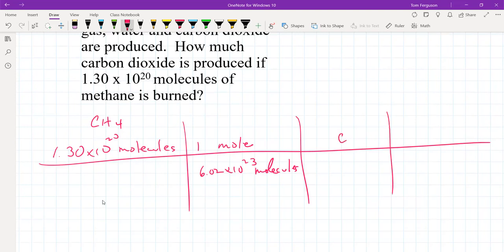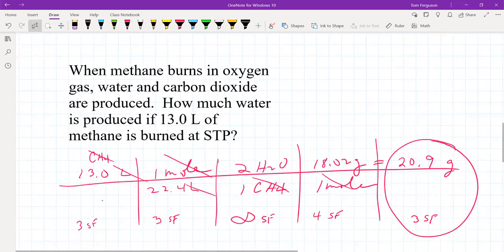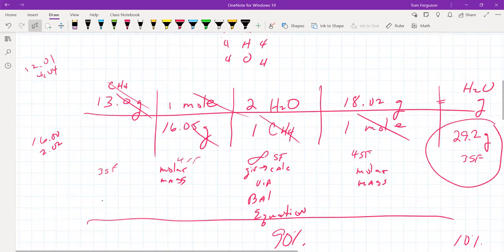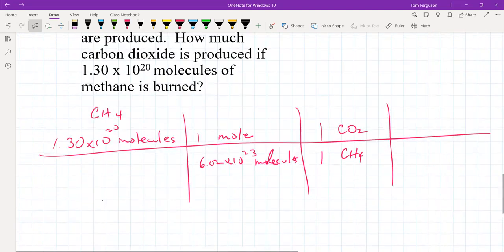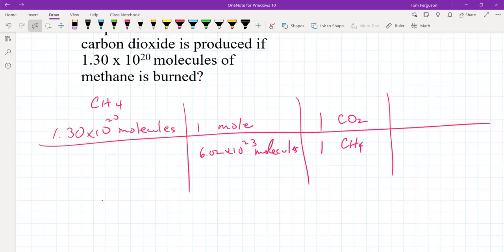So we want carbon dioxide and methane. That's going to be 1 and 1, I believe. Yeah, 1 and 1.